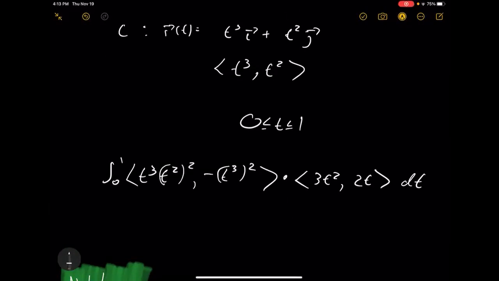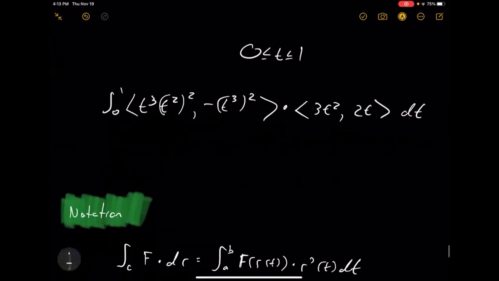So I need to find this dot product, and then I need to integrate. Let's first find the dot product. I could simplify this. I have t cubed times t to the fourth, which is t to the seventh, negative t to the sixth. Dot product with 3t squared, 2t.